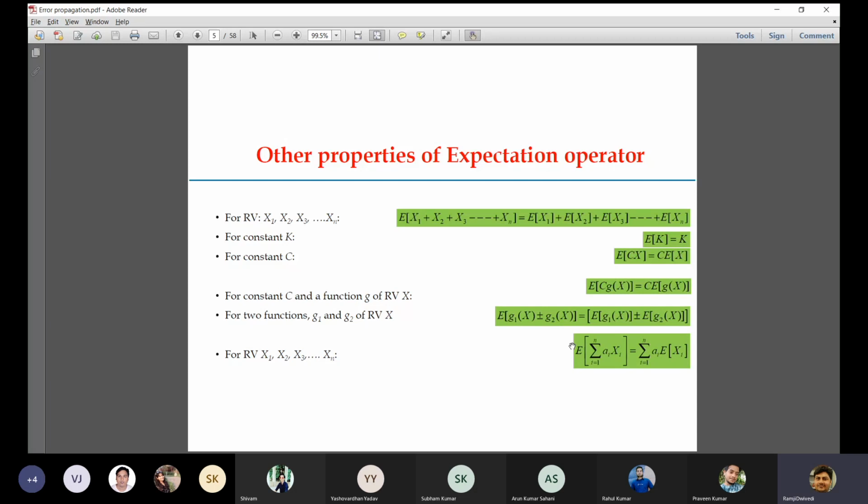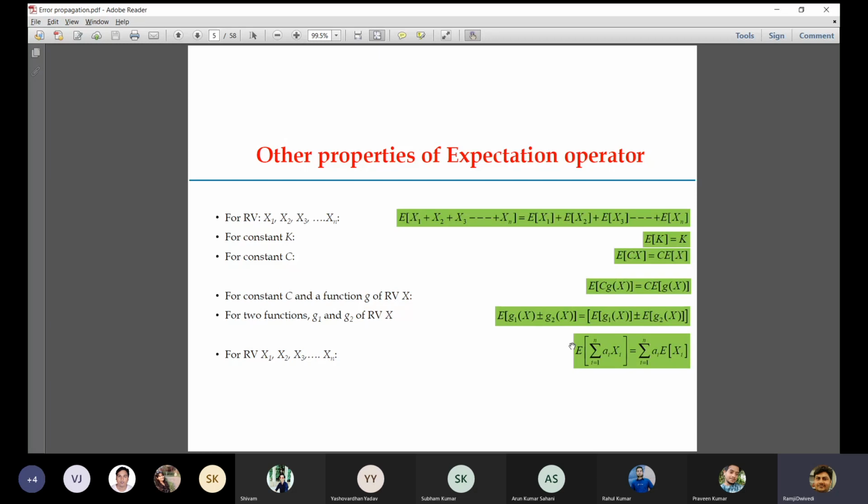So if you could just understand that if n random variables or n observations are there, then the addition would create a new random variable, isn't it? Z would be x1 plus x2 plus x3 plus xn. So expectation of z would be given by this. You need to understand that at the individual level, the expectation of x1 would be mu x1, expectation of x2 would be mu x2, expectation of x3 would be mu x3.